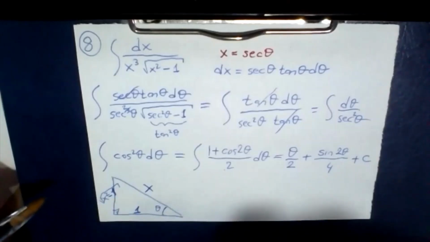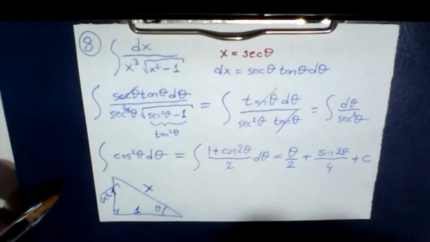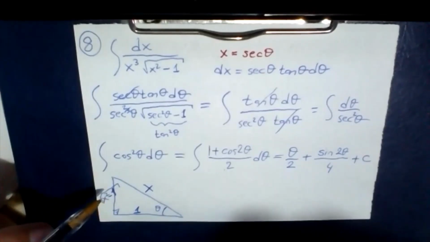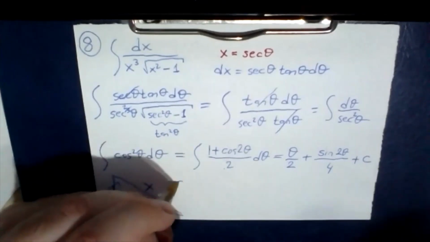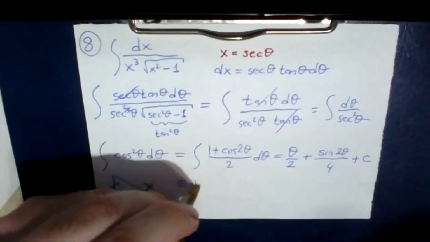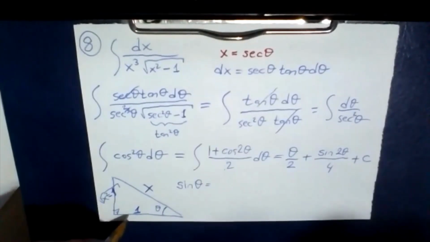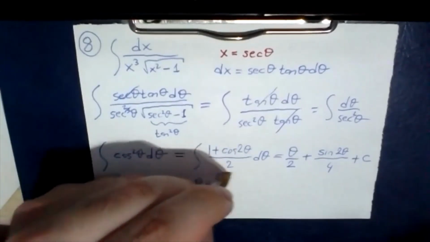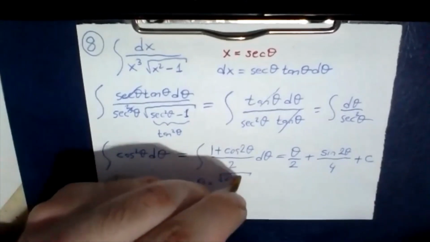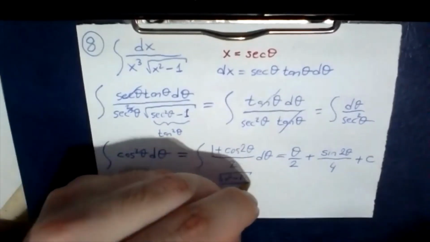Then what can we say from here about theta? Sine theta will be equal to square root of x squared minus 1 over x.